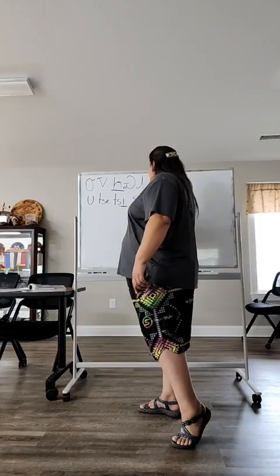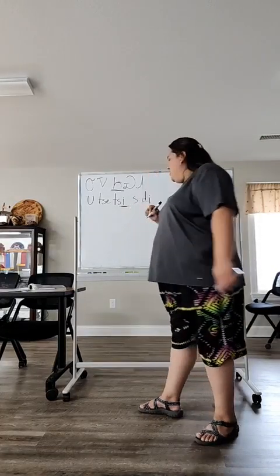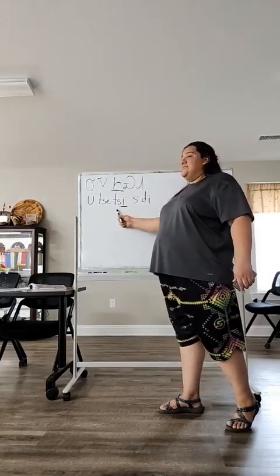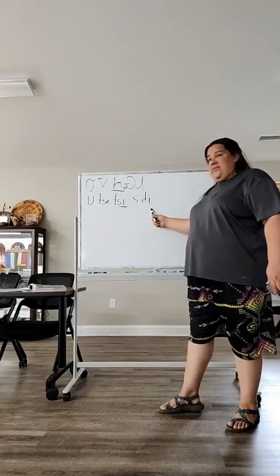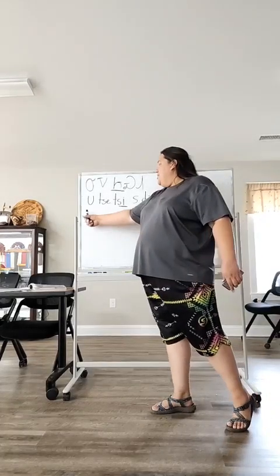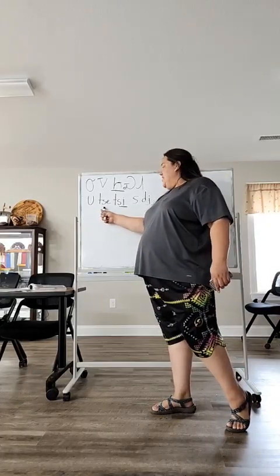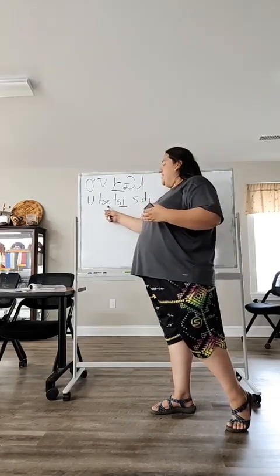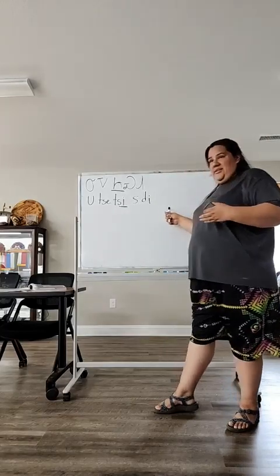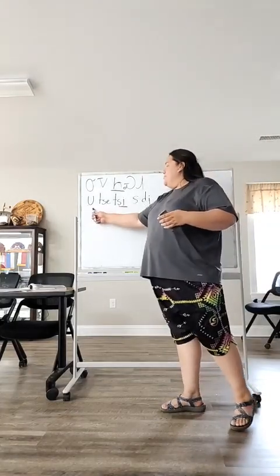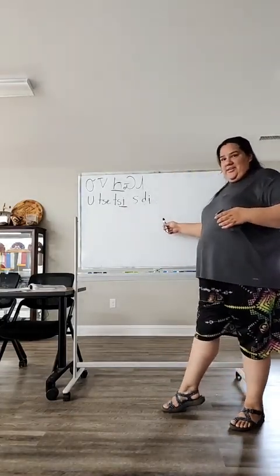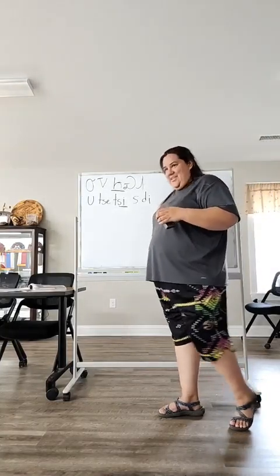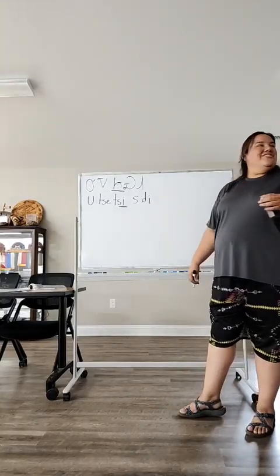And again, we have a D. So, oo, zay, z, sti. You have that sound. Oo, zay, sti. It's kind of a tongue twister, huh?